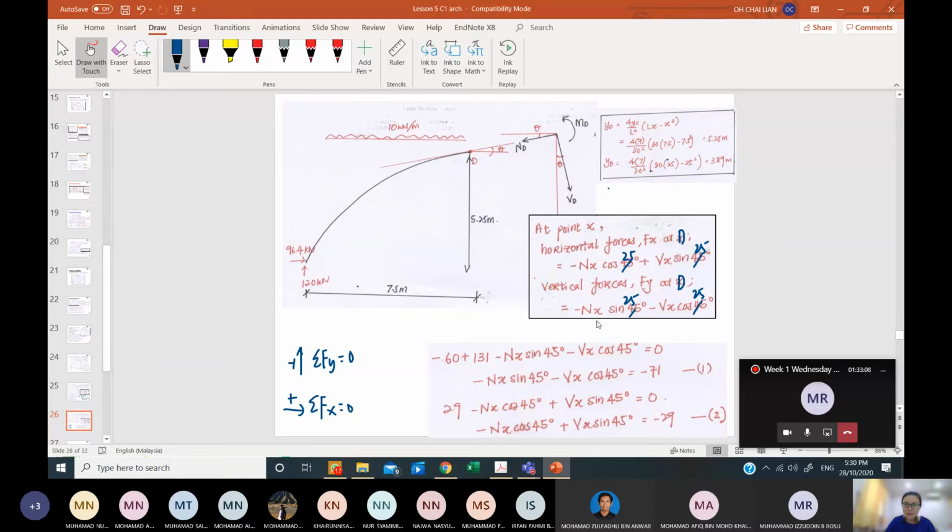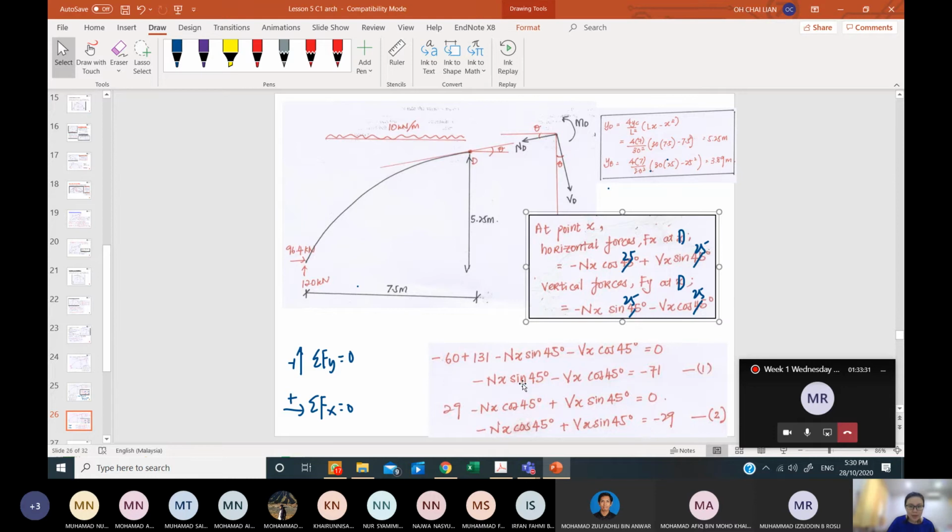Everything is still the same, and minus ND sine 25 for the vertical force, minus VD cos 25. I just group it there.